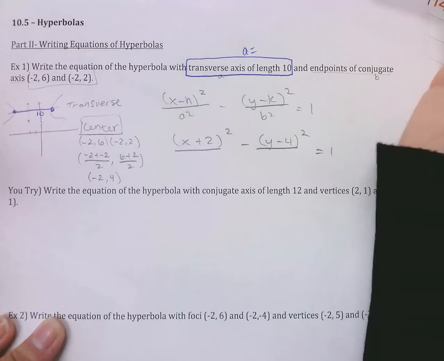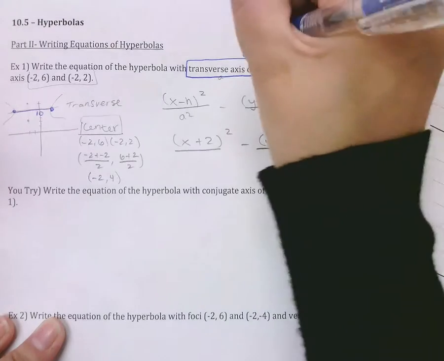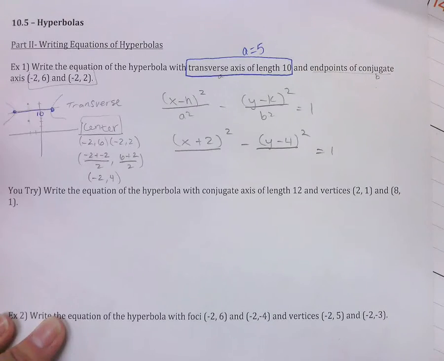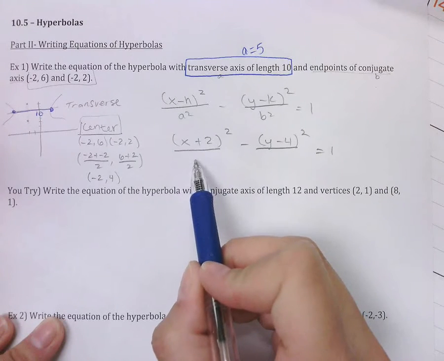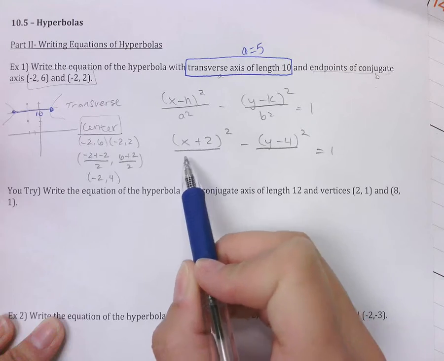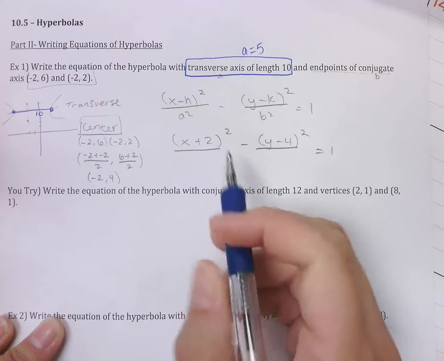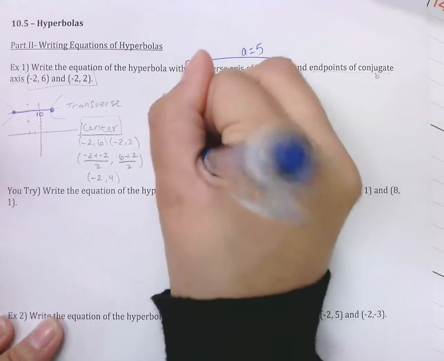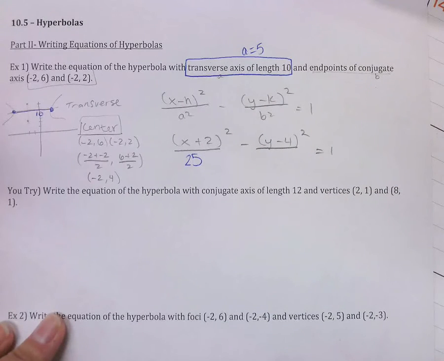So when they give you the transverse axis, you're going to chop it in half to find A. So what would we put here? What goes down here? 25. So you take half of the transverse axis, that's 10, and then you square it, and you get 25.